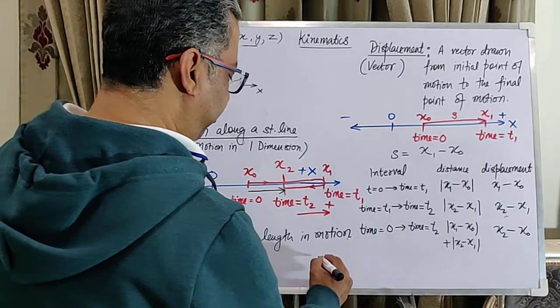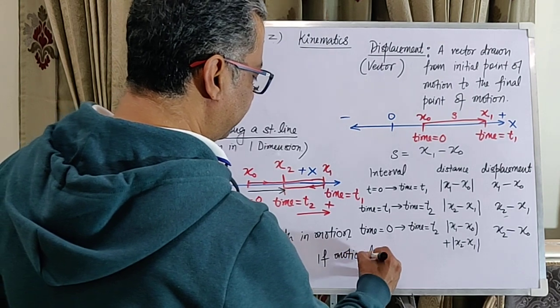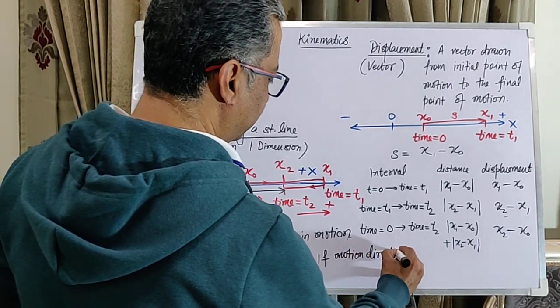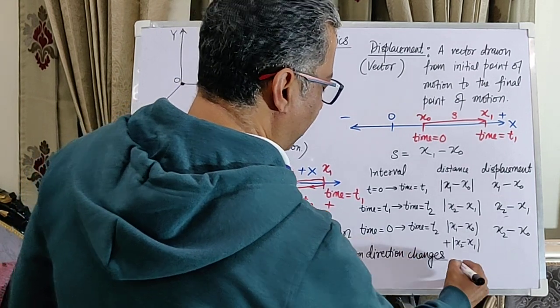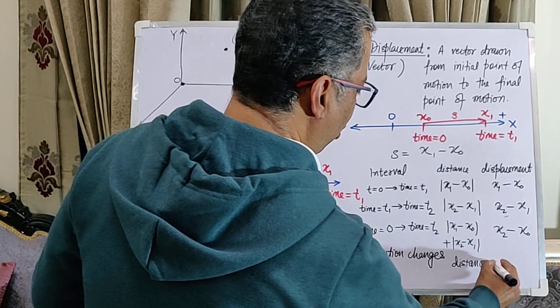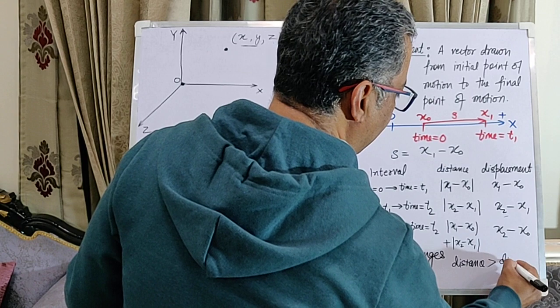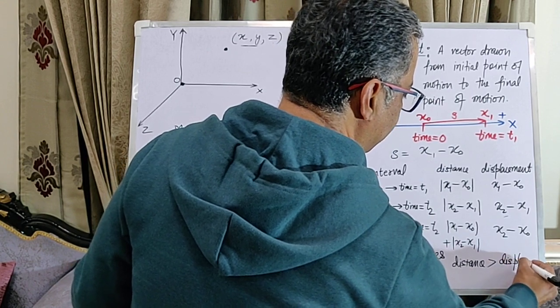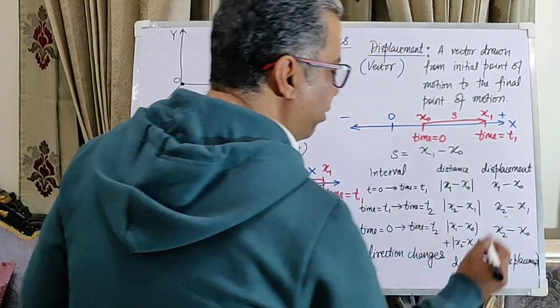So if motion direction changes, then distance will always be greater than displacement, or rather the magnitude of displacement.